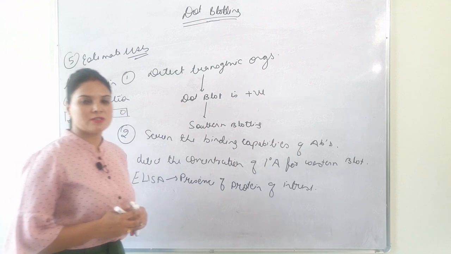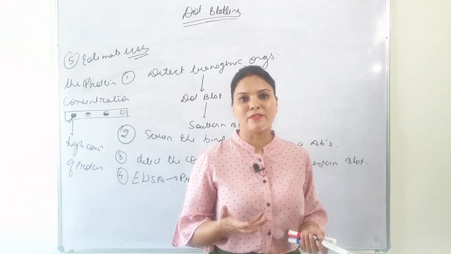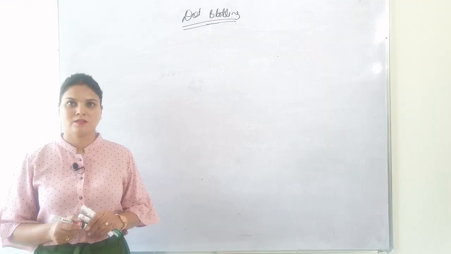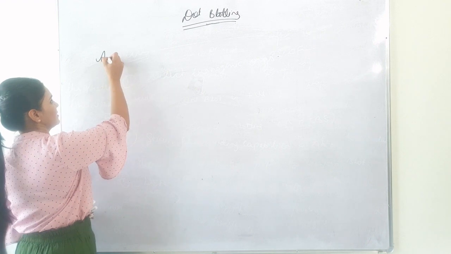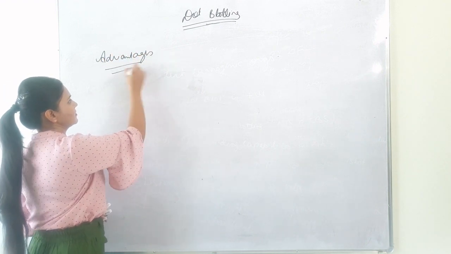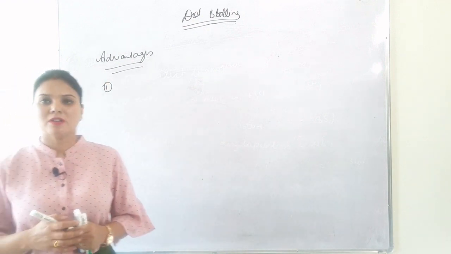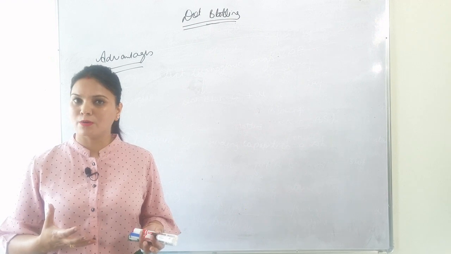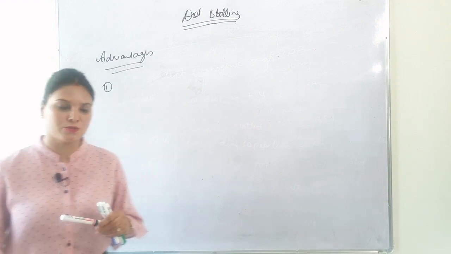These are the uses of dot blotting, and now let's see why dot blotting is favored over the other three blotting techniques. Advantages of dot blotting over the rest of the three blotting techniques. First, the number of chemicals required in the other three blotting techniques is greater compared to dot blot.